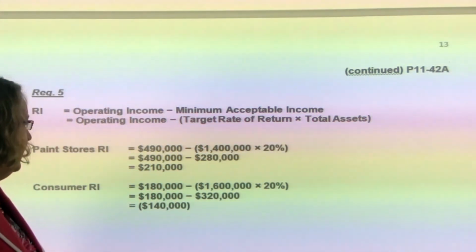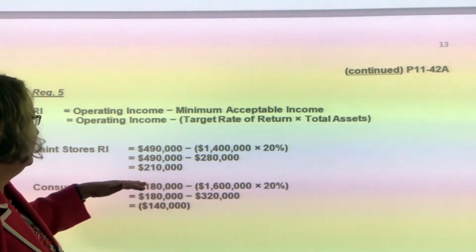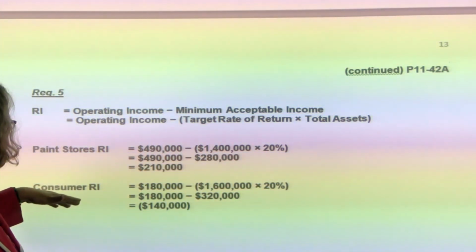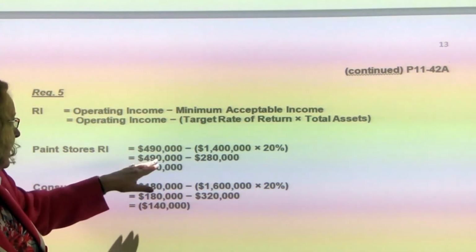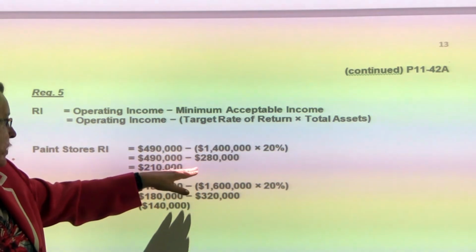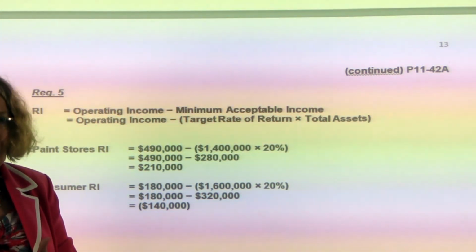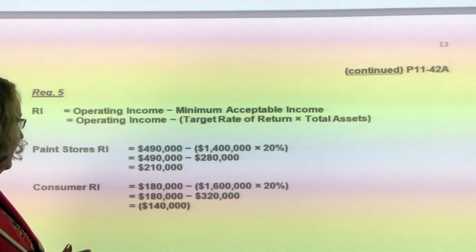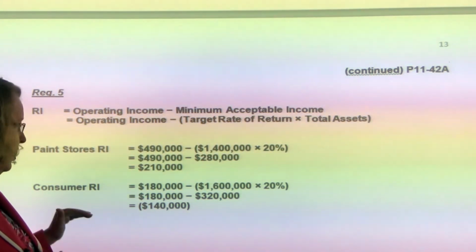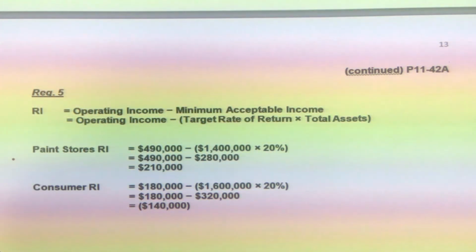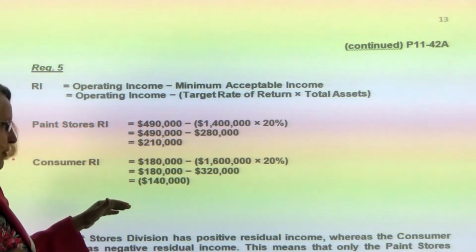So they've identified they want a target rate of return of 20% on the assets that they've invested in the company. So for the paint stores, their operating income was $490,000, less their target of $280,000. So the residual income, in other words, the additional income over and above what they are required to earn, is $210,000.